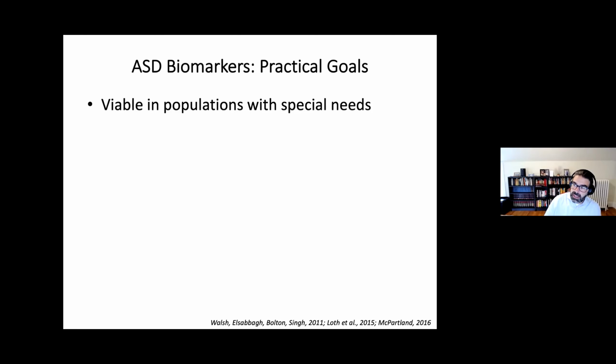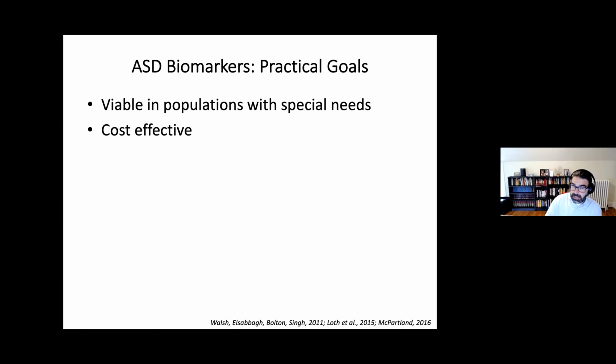So we need things that can be done safely in children and that children can tolerate, right? That sounds obvious, but there are many studies about biomarkers that might be produced with functional magnetic resonance imaging. And I think there's a lot of kids who won't ever be able to tolerate those kinds of procedures. And so there might be a ceiling on how useful it could be.